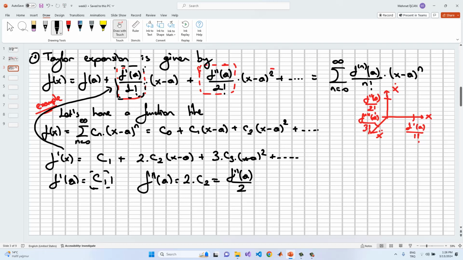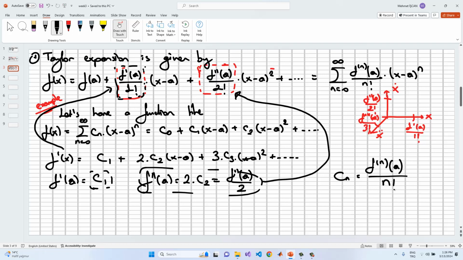And in the second derivative, we have 2c2, and so this 2c2 is equal to these terms, right? And so we can generate all the terms based on this expansion form. We can calculate it, right? And so in general form, we can write c_n = f^(n)(a) divided by n factorial, okay? So we can derive all the coefficients based on this information.